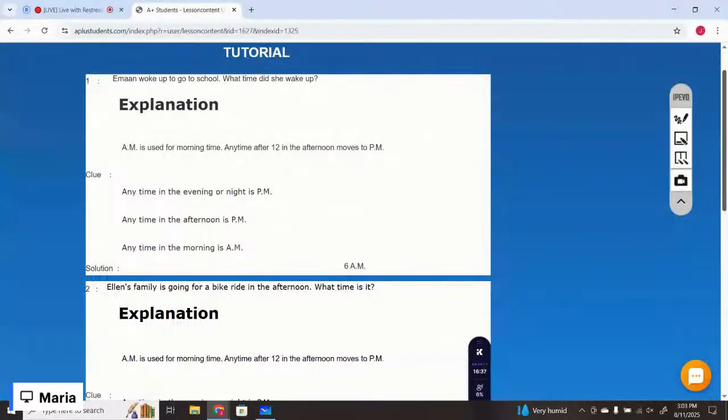So AM is used for the morning time. PM is used for any time after the afternoon, right? Any time after 12 in the afternoon moves to PM.